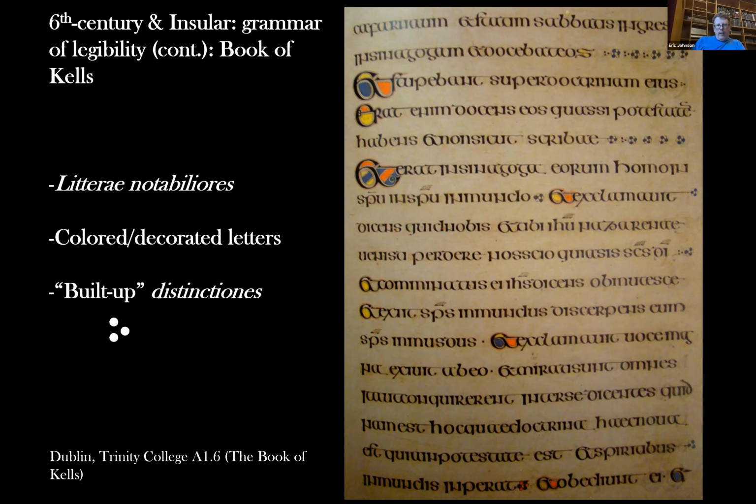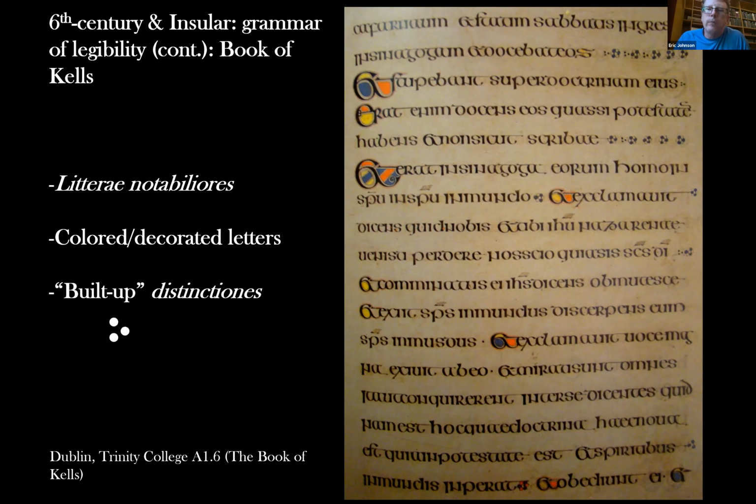So right underneath my own little PowerPoint rendition here where I typed out built up distinctiones, I have an example of a full stop period where you're using three distinctiones in a particular design group in order to represent the period. You can see that operating here in the Book of Kells.